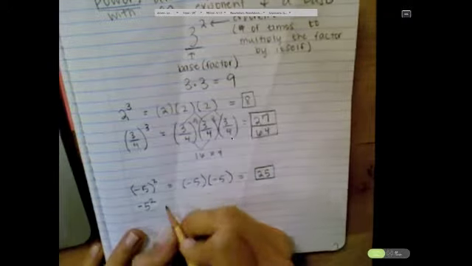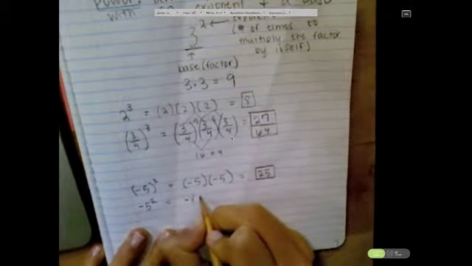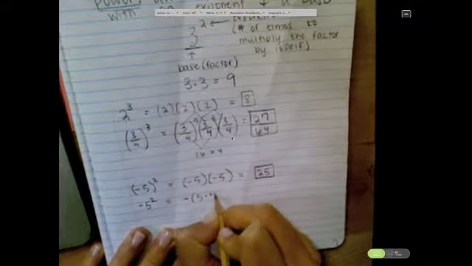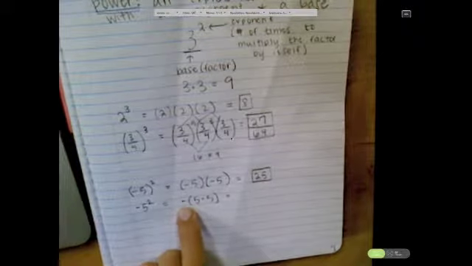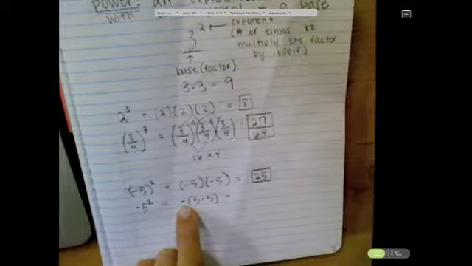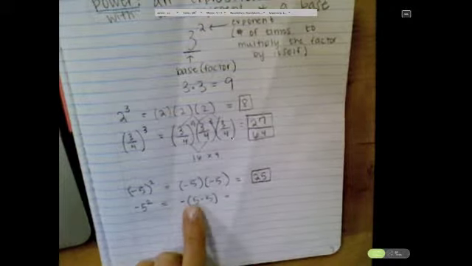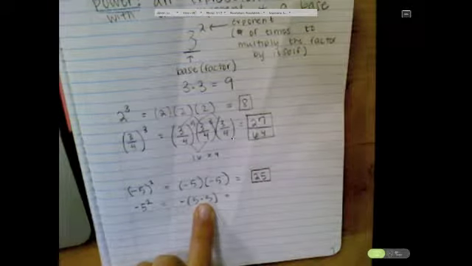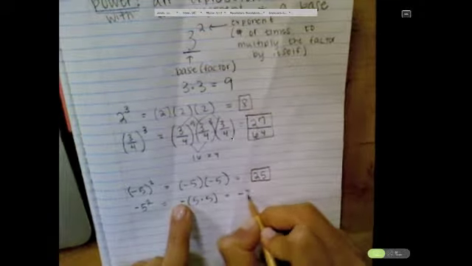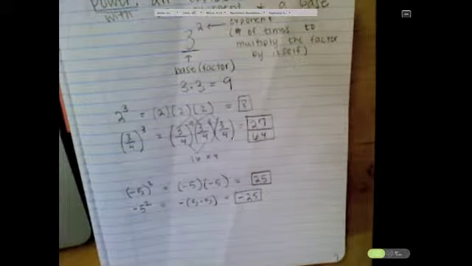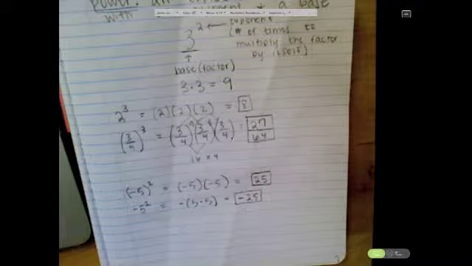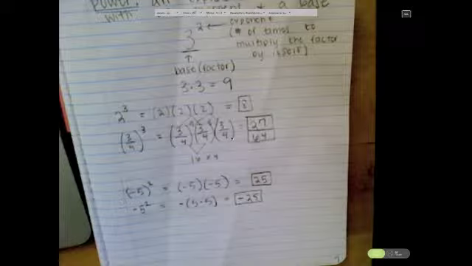Okay, so this is like saying negative 5 times 5. Notice, the 5 repeats twice, but the negative sign does not. This makes a difference because 5 times 5 is what? 25. But that negative sign still remains there, so now the answer is negative 25, not positive 25. It's really, really important that you pay close attention to this because it will make a big difference in your answers.